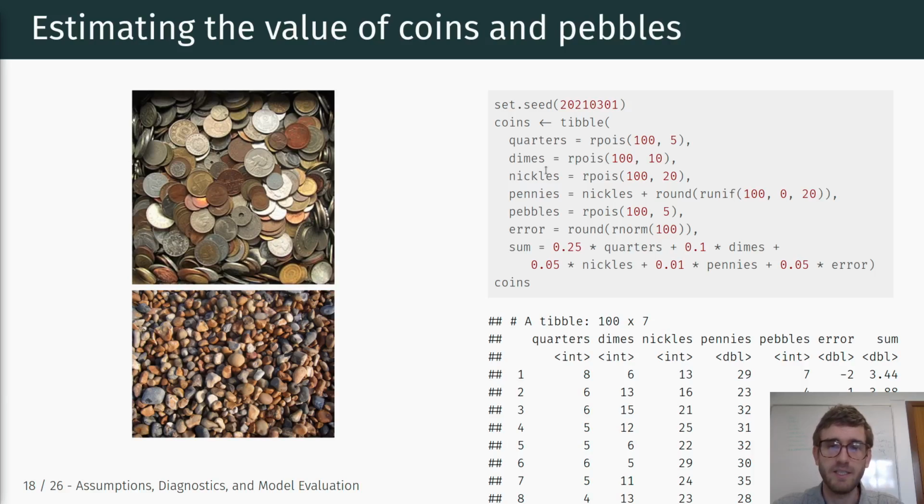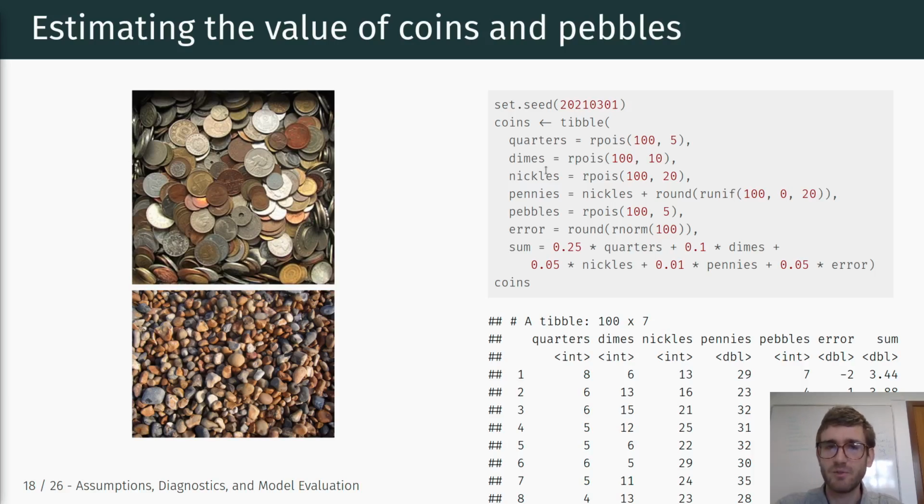So basically this will allow us to estimate, if you're not from the United States and coming to the US, and you don't quite know, for a quarter, of course, it's quite obvious, but how much a nickel is worth, you can refer back to this regression to estimate the value of a nickel.